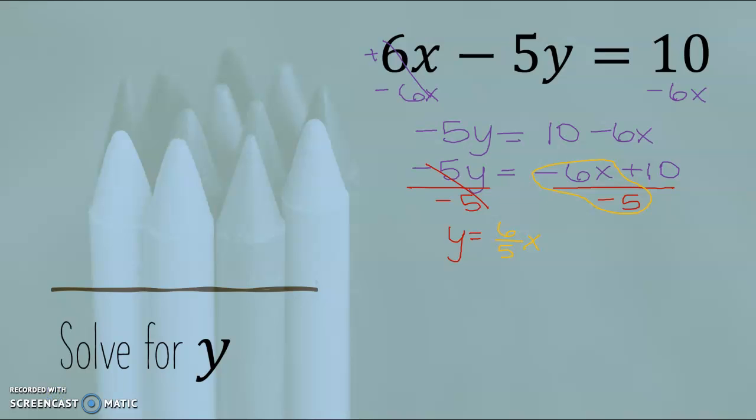And then we also want to look at what we get when we do 10 divided by negative 5. Be careful here, pay attention to those signs. We get minus 2. There you go. That's from standard form to slope-intercept form.